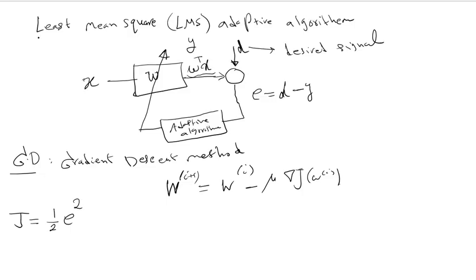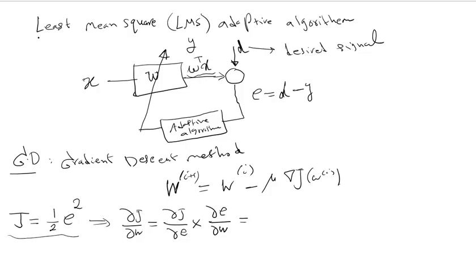If we take the gradient with respect to W, we use the chain rule: partial J over partial E multiplied by partial E over partial W. What is the derivative with respect to E?